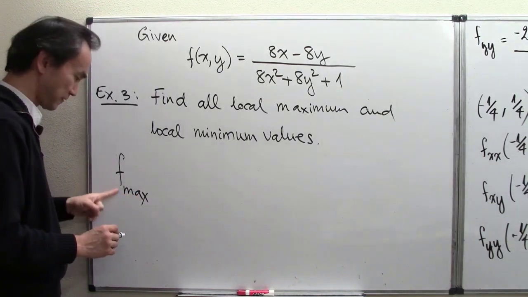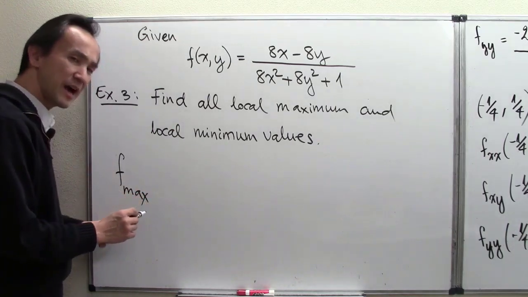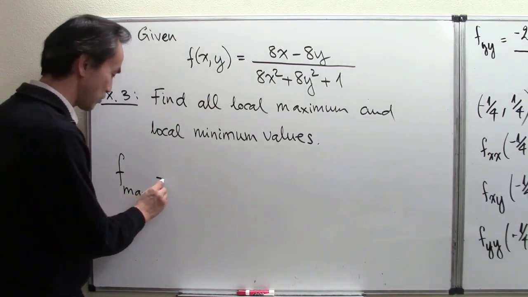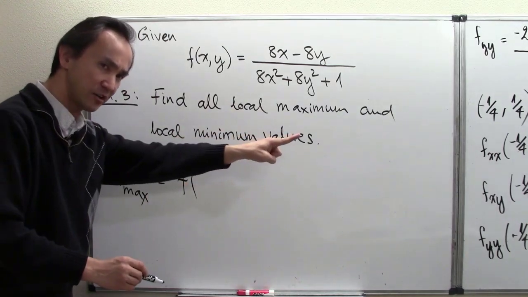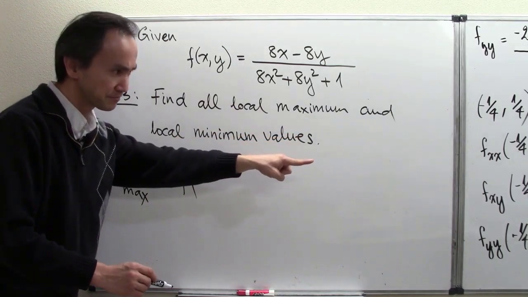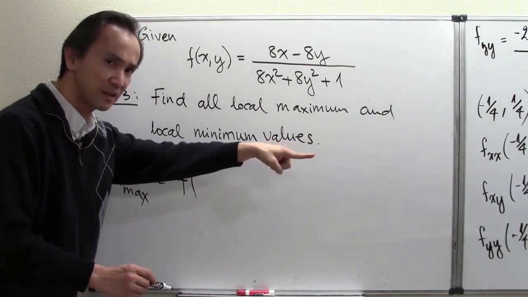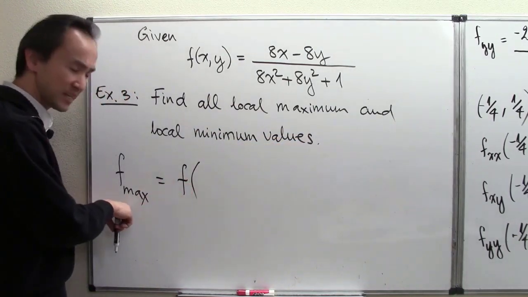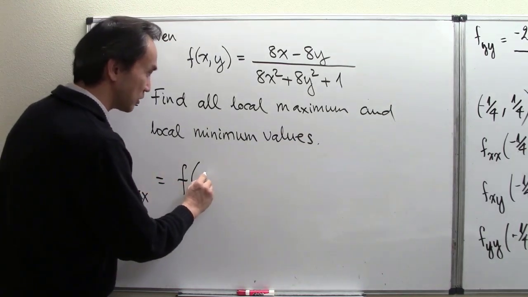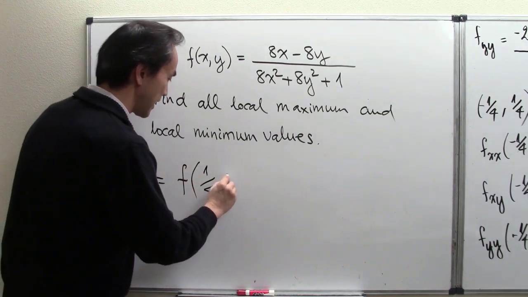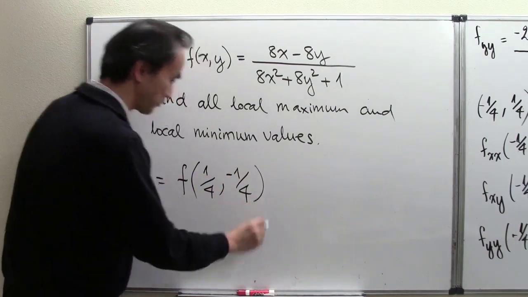The maximum value of the function locally equals the function value at the critical point that we have decided earlier, (1/4, -1/4), which is the one to reach the maximum. We saw that on the picture.